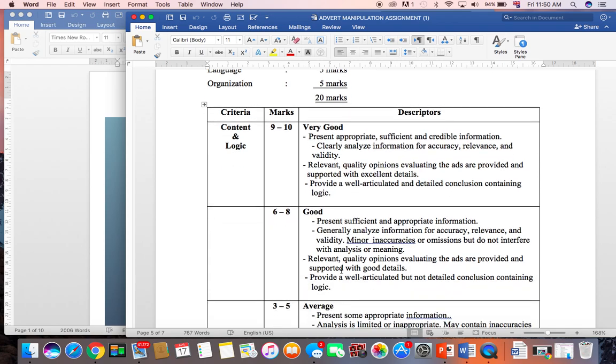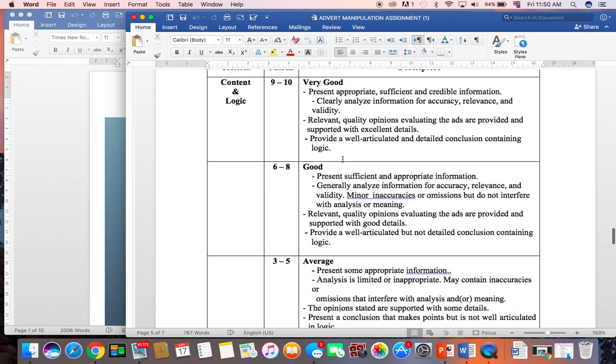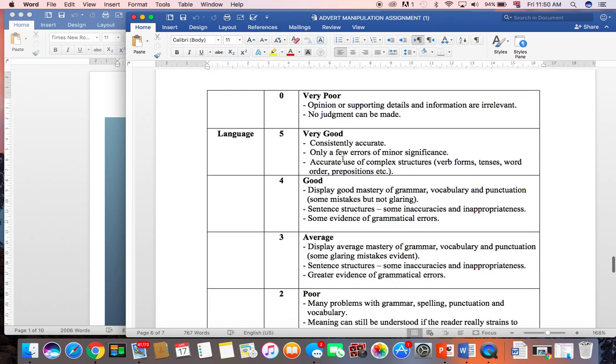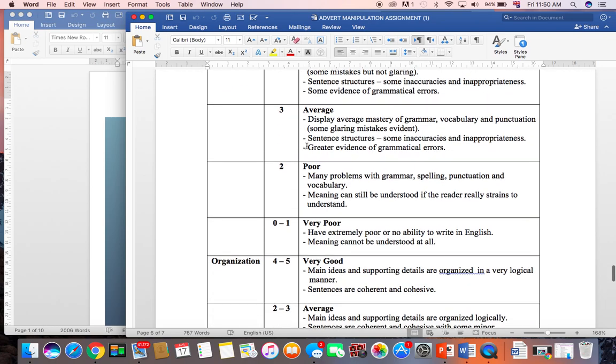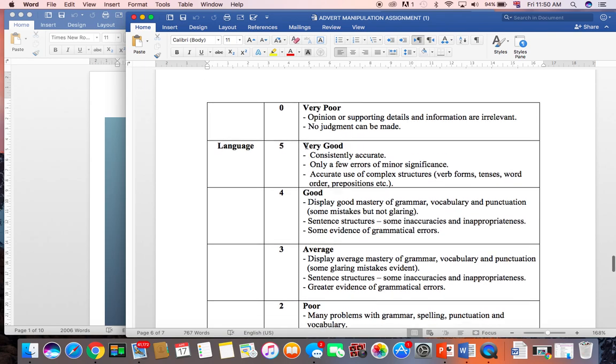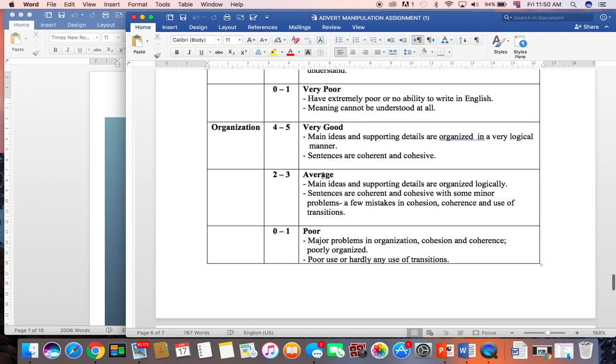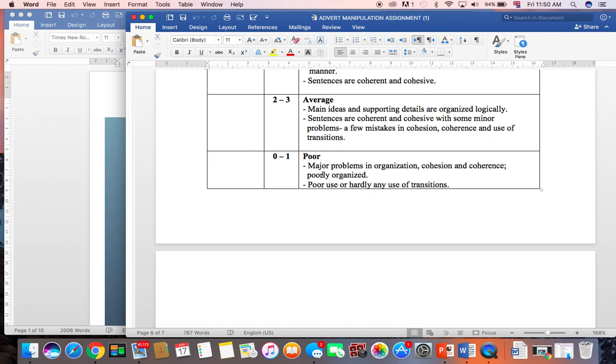Okay, but if you think that you're very confident, it is very good, it could be 9, it could be 10, it could be 9.5, it could be 9.2, depending on each of these descriptors. Okay, so before you submit your assignment, have a look at this rubric and think, have you met all of these expectations or criteria? Then you should be able to foreshadow or even guess how much your marks will be for this assignment.